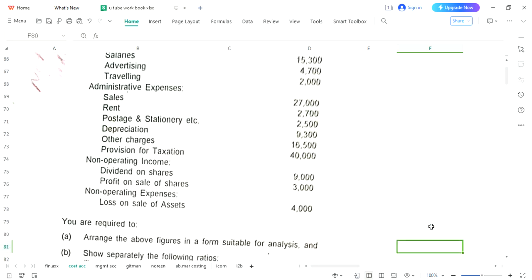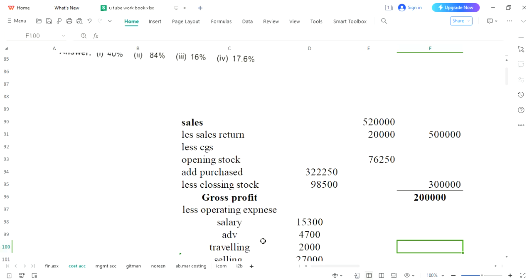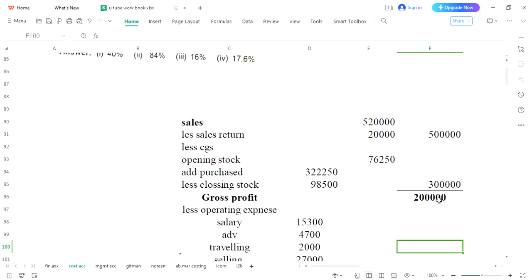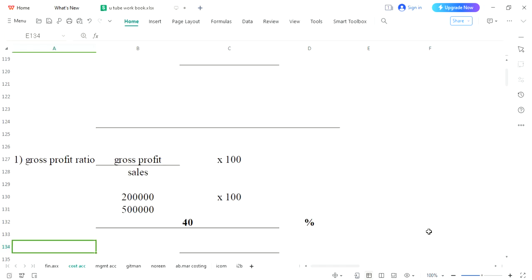For that, the next requirement we can calculate is operating profit ratio. Operating profit ratio, this is our third requirement. And second requirement, we can also calculate operating ratio. How will you calculate operating ratio? CGS plus operating expenses. So two ratios are now ready for us.